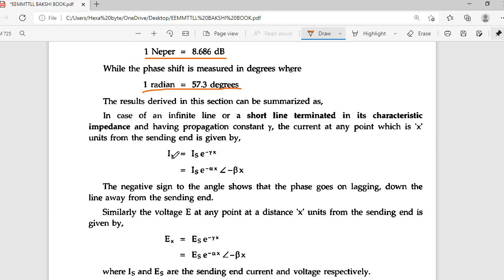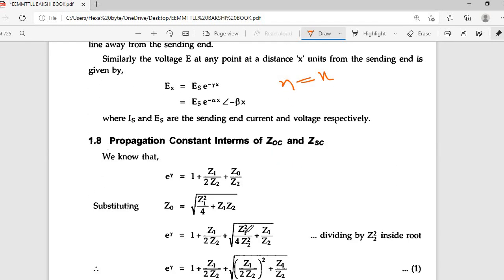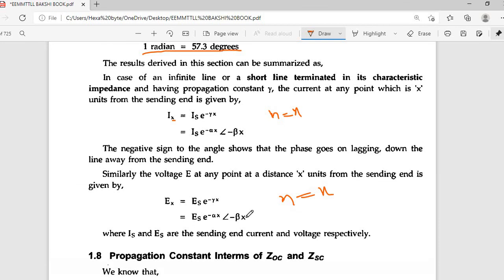Let n be equal to x, so In is equal to Is into e power minus n gamma, where n is some section x, so Is into e power minus alpha x at an angle of beta x, where we are simply replacing n with a certain length x.